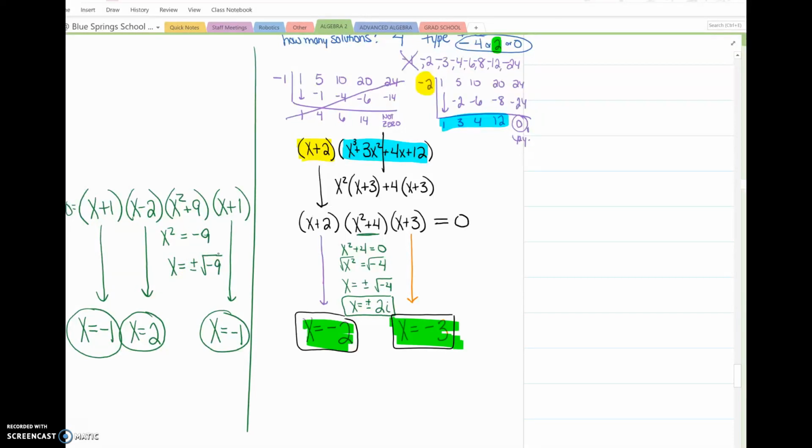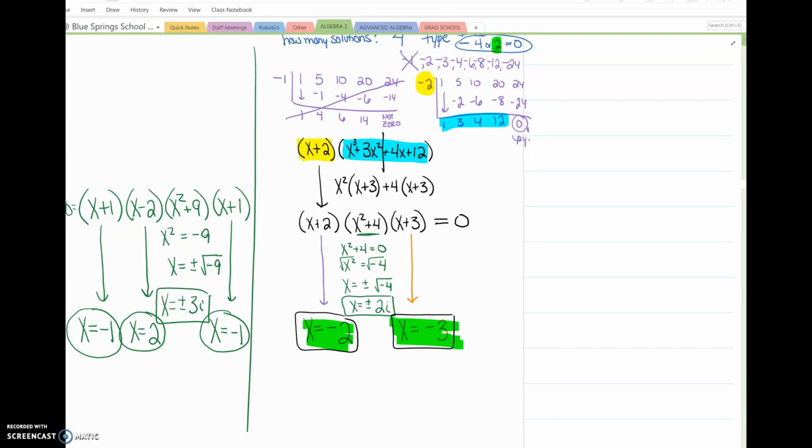Anytime you end up with the square root as your answer, if there's a negative under it, that means there's an i. So this would be x equals positive or negative 3i. This one technically has 5 solutions, but 2 of the solutions happen to be the same solution, so there's really only 4 solutions.